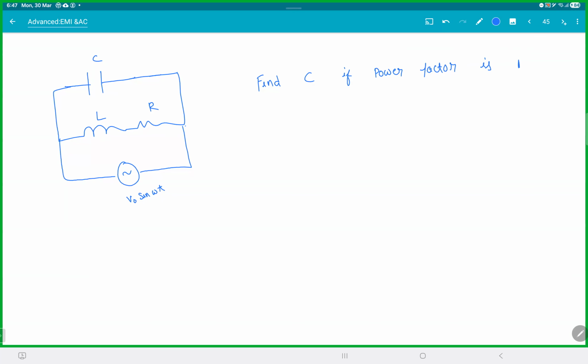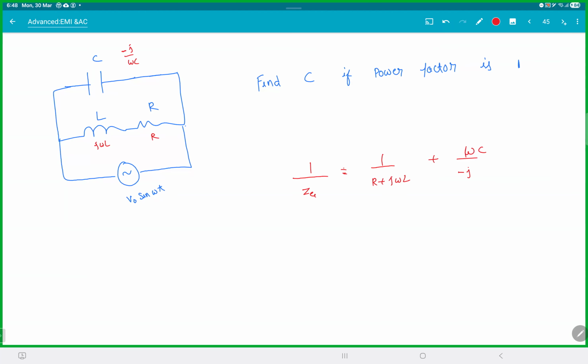So what is the idea there? Let's convert this into complex numbers. This one would be minus j by omega c, this one would be j omega l, and this is r. So 1 by Z equivalent will be 1 by Z1, which is 1 by r plus j omega l, plus 1 by minus j by omega c.